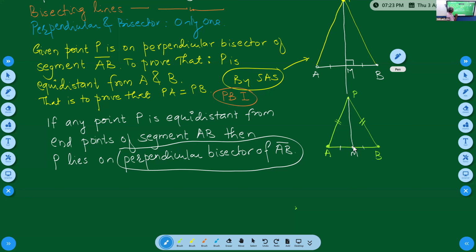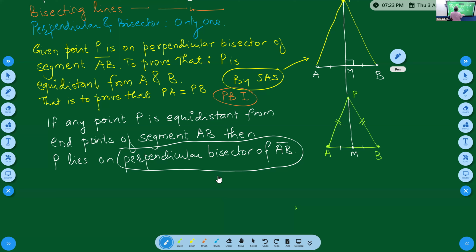We are supposed to show that PM is perpendicular also. This is one approach. The second approach could be you draw a perpendicular from P to AB, let them intersect at M, then we have drawn the perpendicular, and we have to show that it bisects. Then the theorem will be complete.